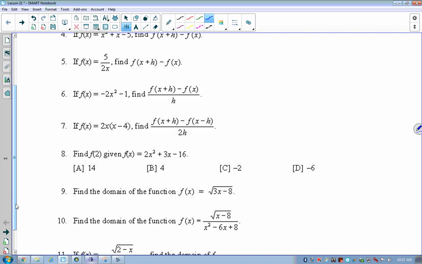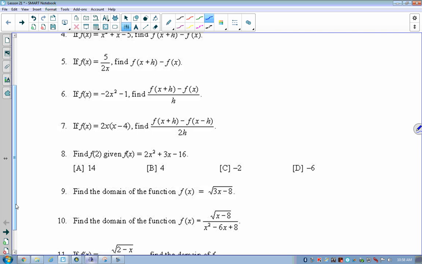All right, so with 7, let's start with understanding this, that we're going to do f of x plus h, then we're going to subtract the equation f of x minus h, and we're going to divide everything by 2h. We're not dividing it by f of 2h or something like that. We're just dividing it by 2h. Okay? All right. Let's see.